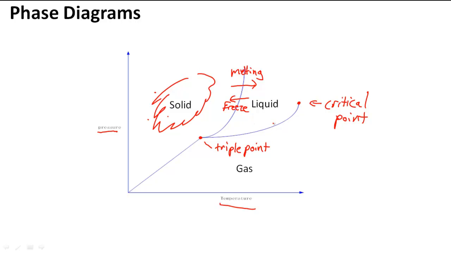And the same goes for liquid to gas transition. So if I go from liquid to gas, I'm going to have evaporation. But if I go from gas to liquid, I'm going to have condensation. So this can also be a useful tool to describe how phase transitions happen as well.